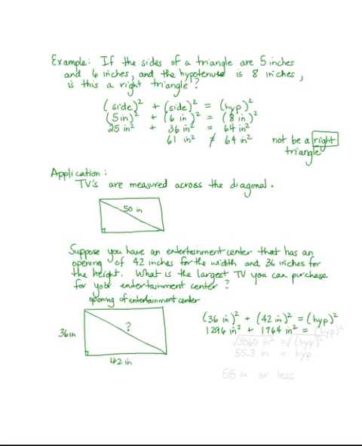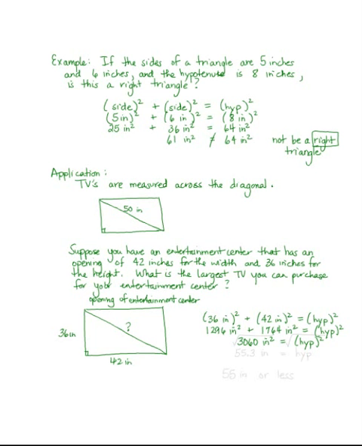And this is going to equal the hypotenuse squared. Adding these two quantities, we have 3,060 square inches equals our hypotenuse squared.